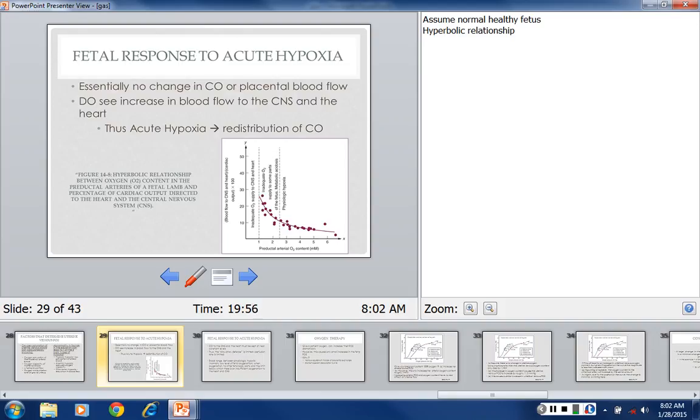So the main thing, again, is the CNS and the brain. So thus, acute hypoxia is a redistribution of flow. And you can kind of see in this picture right here, as you decrease the arterial O2 content, the blood flow increases to the CNS, heart and brain.